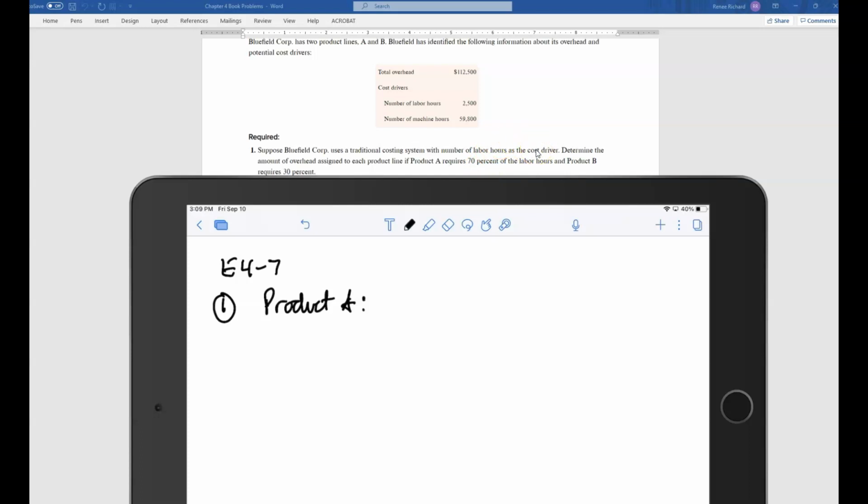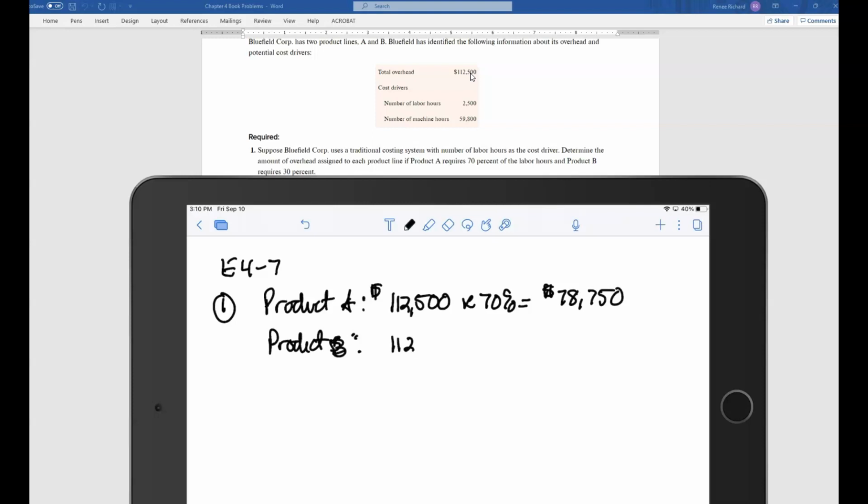So we can then just take the 112,500 times 70%, because we know the 70% is going to go to product A. That gives us $78,750 to product A. Product B uses the remaining 30%.